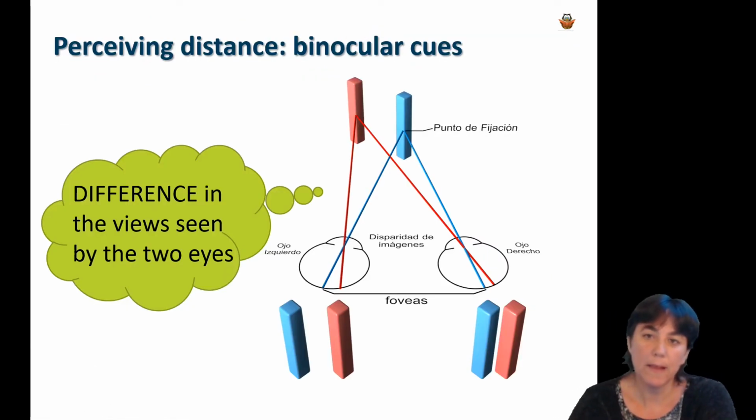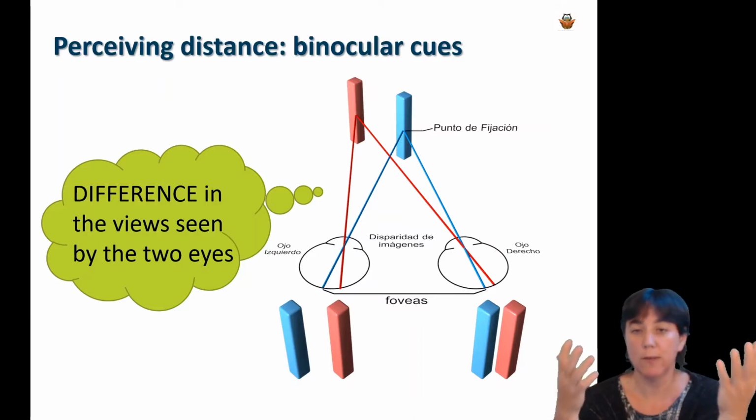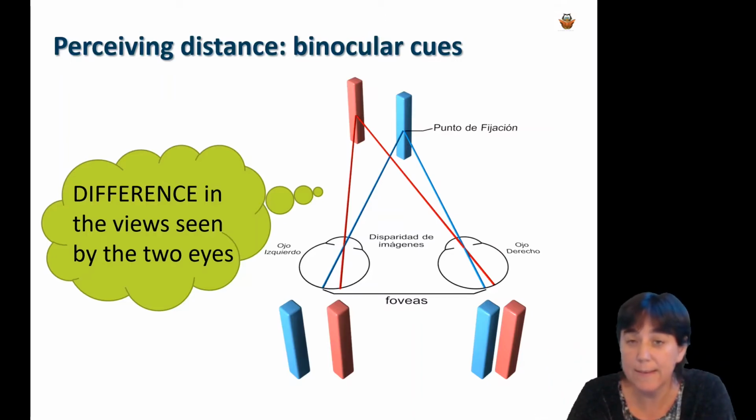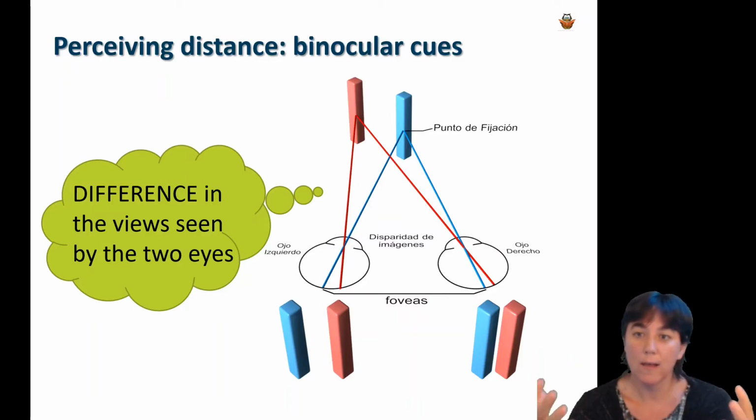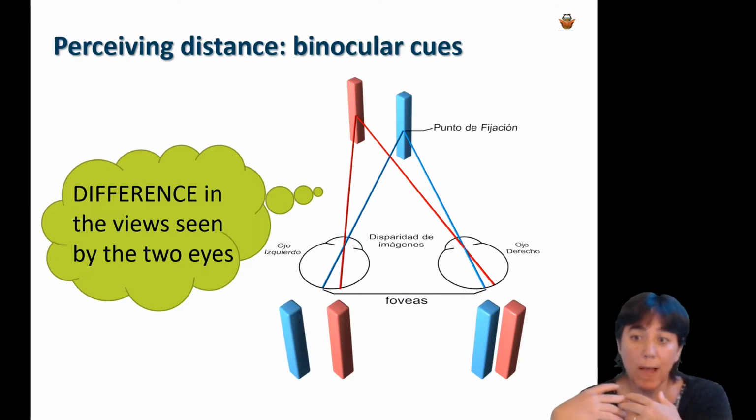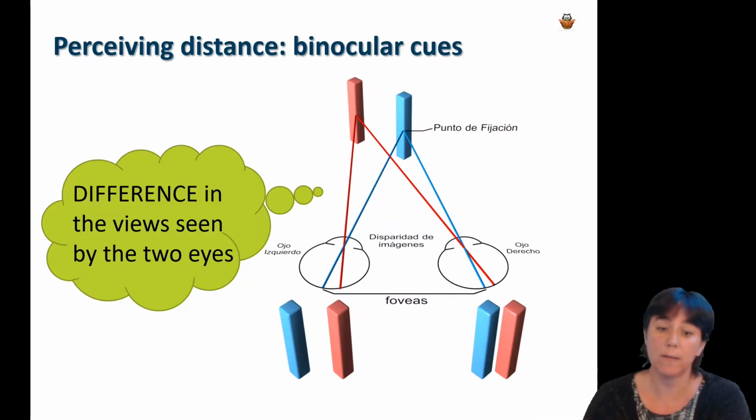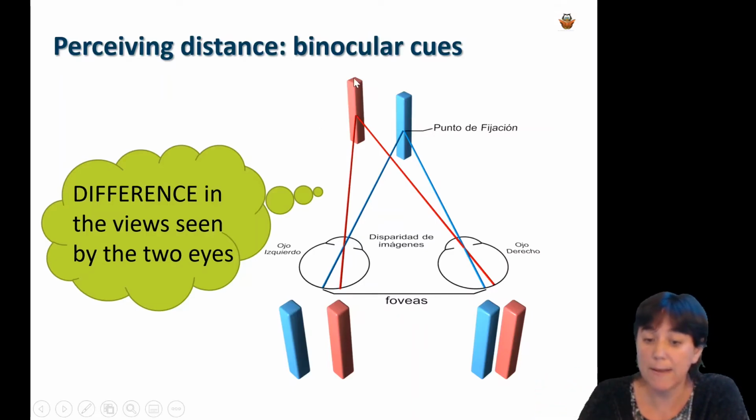Let's see something else. How do we perceive? So here we had an idea of how we perceive the actual things that we're looking at. But how can we tell whether they are close up or further apart? Binocular cues, involving both of our eyes, as opposed to monocular cues that we will come to in a moment, help us to perceive distance.